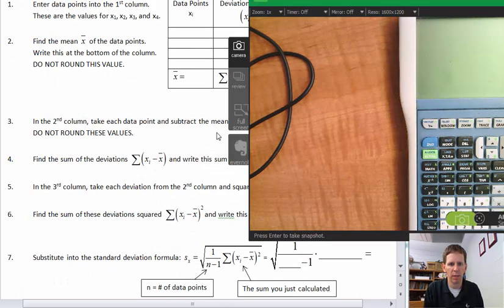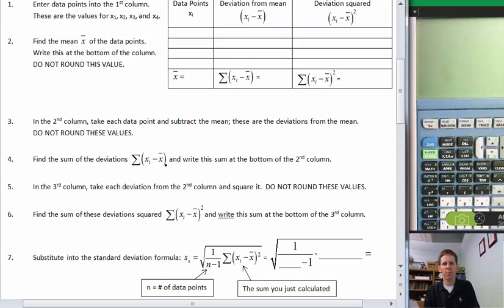So let me put the screen back here. The data points again were 184, 176, 173, and 159.